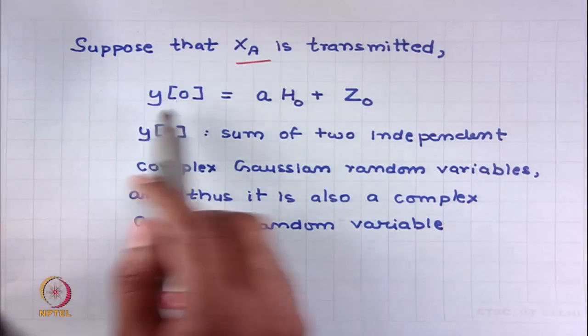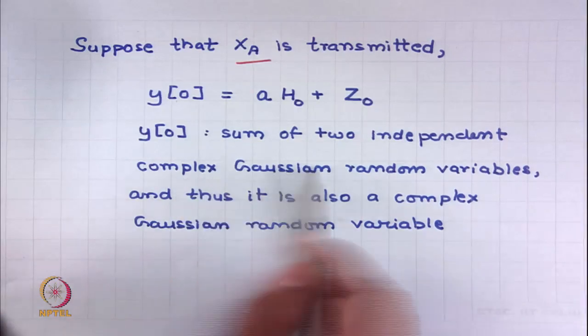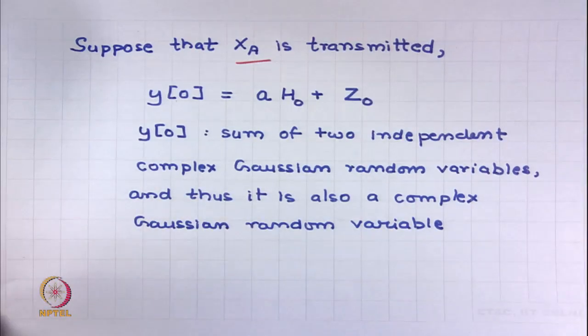This Y0 is the sum of two independent complex Gaussian random variables. Complex or proper complex does not matter, because complex Gaussian random variables are always proper complex Gaussian random variables, and thus I have simply stated them to be complex Gaussian random variables, but you know that when I am saying complex Gaussian random variables, it simply means that these random variables are also proper complex Gaussian random variables.